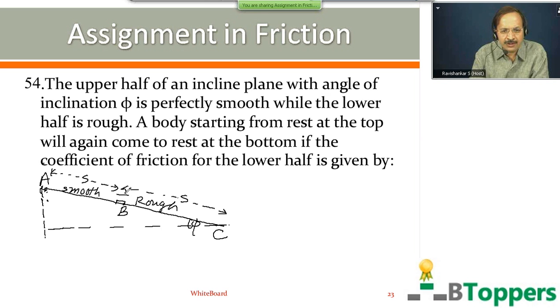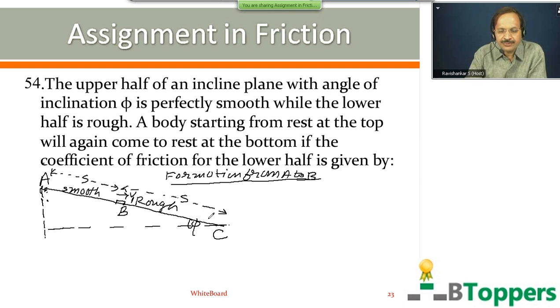Let V1 denote the magnitude of the velocity at the middle of the inclined plane. So for motion from A to B down the smooth path of the inclined plane, the magnitude of acceleration is given by the formula g sine theta.